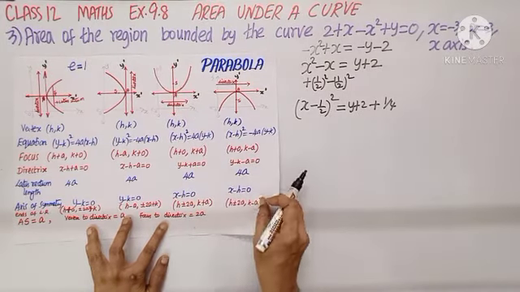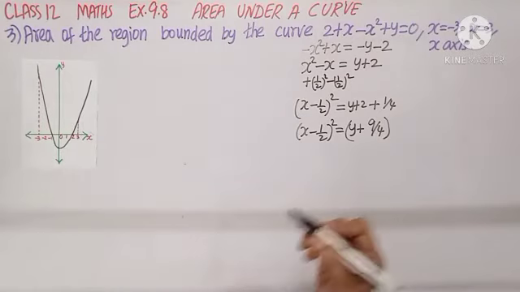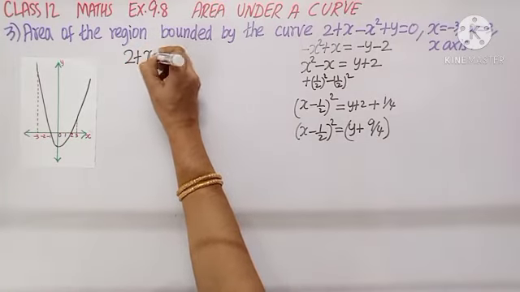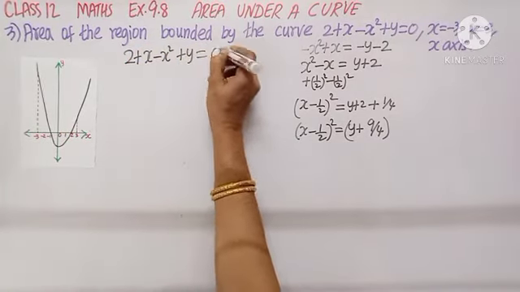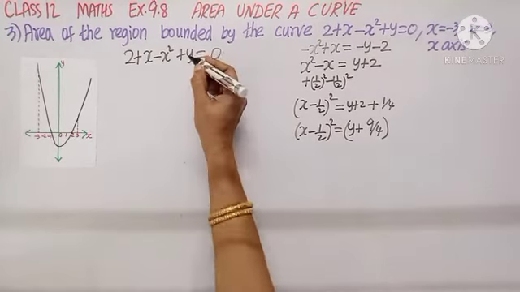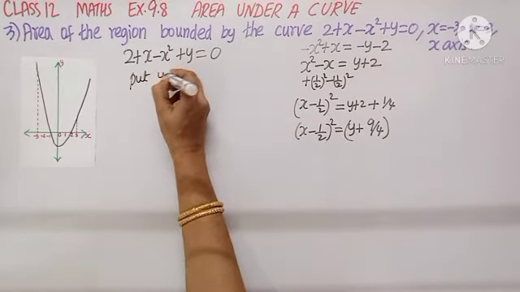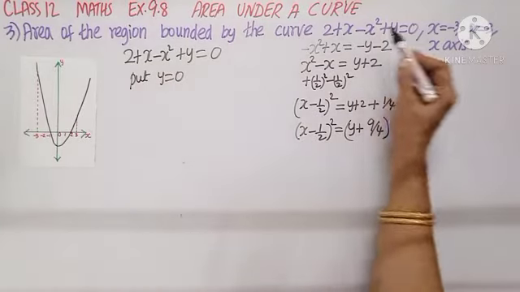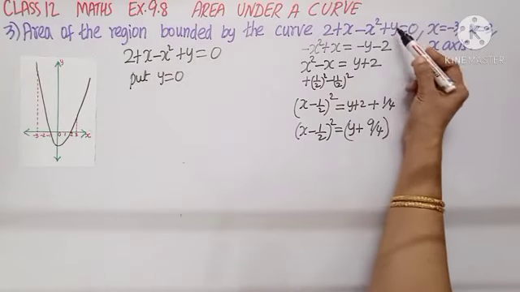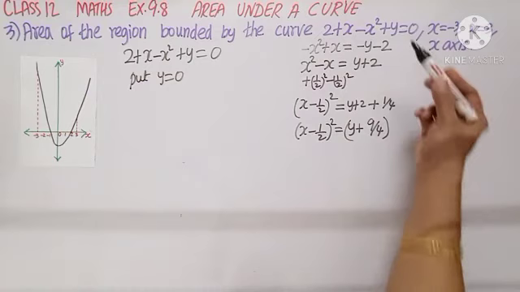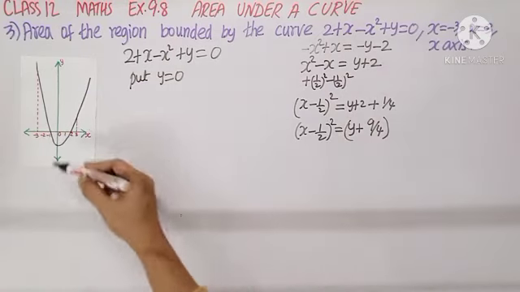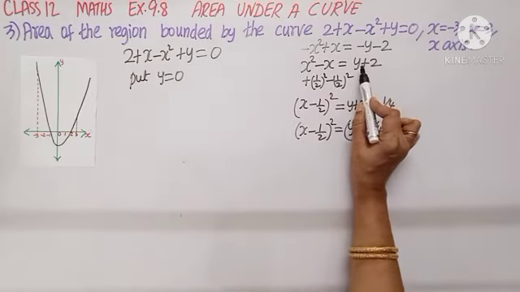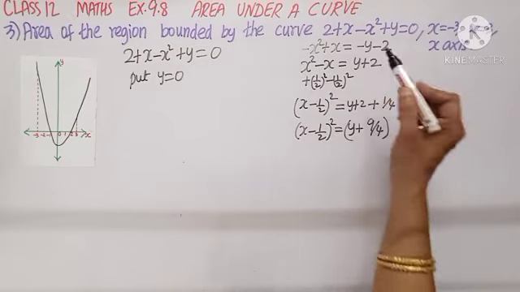How should I draw the diagram? To draw it in a simple way, in the given equation 2 plus x minus x square plus y equal to 0, let me put y equal to 0. Once I see one variable with square and one variable without square, I can easily guess it is a parabola, even without simplifying. X square positive, y positive, so it's a parabola opening up.